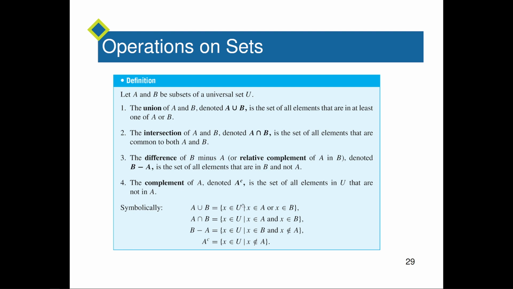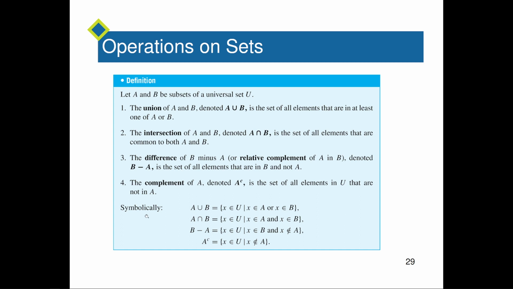Also note that sometimes we can denote the complement as U minus A, where U is the universal set, and that is also the complement. But that notation is used here for difference of a set, though it can also be used for complement. However, we will keep the definitions as they are stated here and use these going forward for simplicity.